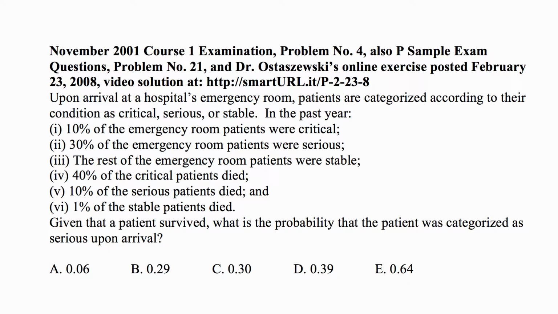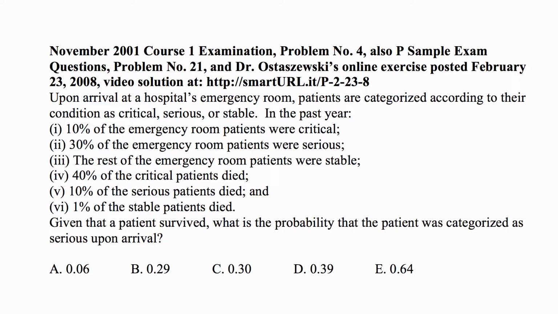That probability is 1 minus 0.4, or 100% minus 40%, which is 60%, or 0.6. Probability of surviving, given that the person was serious, is 1 minus 10%, which is 0.9, or 90%. And the probability that the patient survives, given that the patient is stable, is 1 minus 1%, so 0.99 or 99%.